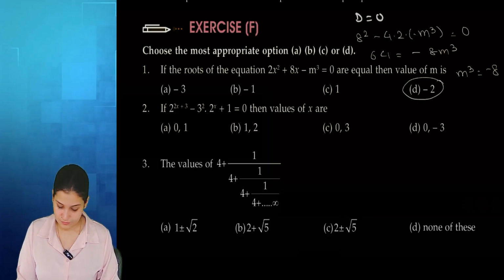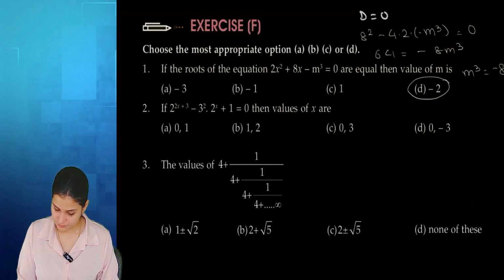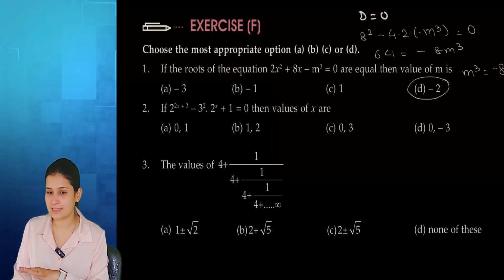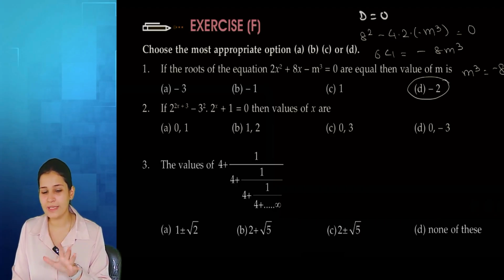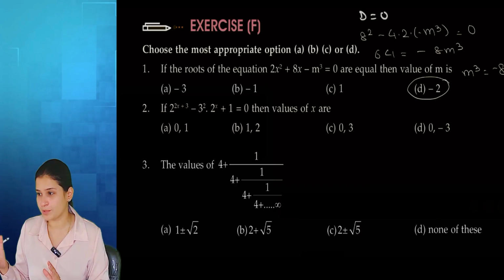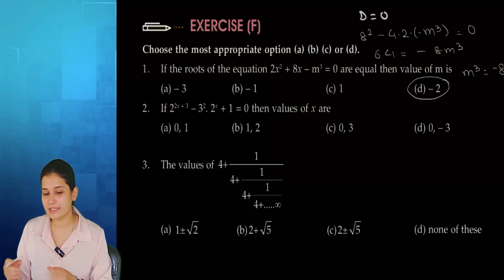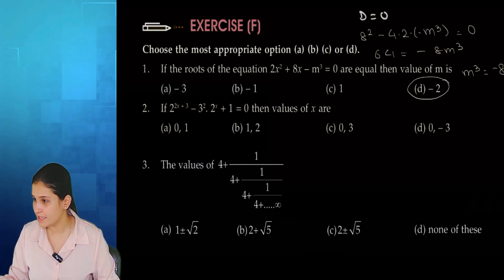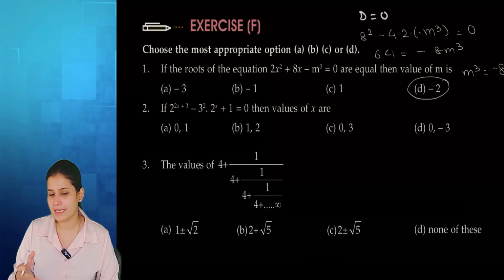Question number 2. In this case, see, 0 is there in the maximum options. That means, just a quick guesswork, I think 0 is an answer because it is already given in 3 options, right? So let's try something that is written in smaller numbers. Say let's try for 1 or 3 or minus 3. If 1 satisfies, then maybe A and B are there.